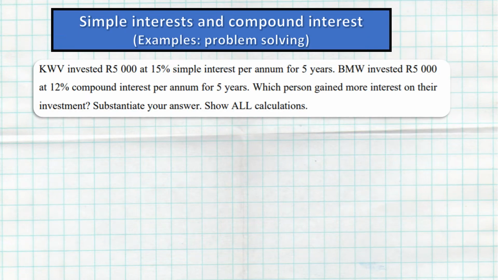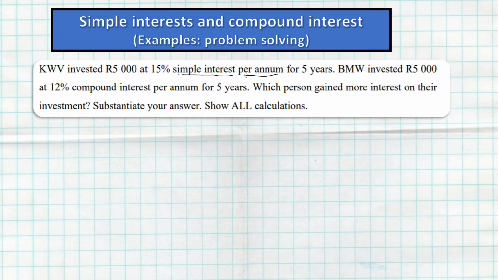Okay, this is our first example, an interesting one, a simple interest and compound interest example. So this is problem solving. They're saying KWV invested 5,000 at 15% simple interest per annum for 5 years. Okay, we can see this was simple interest, per annum for 5 years.